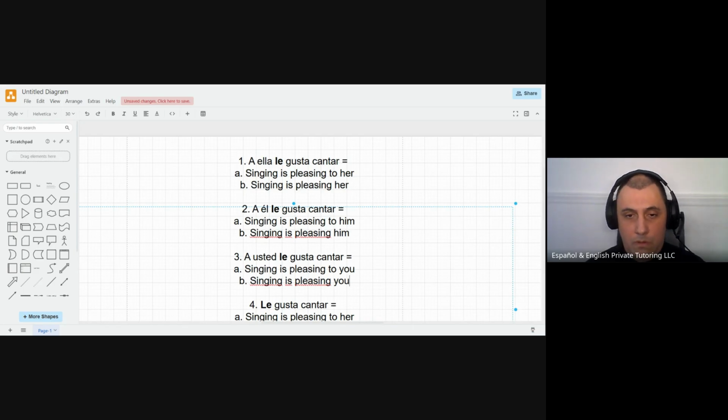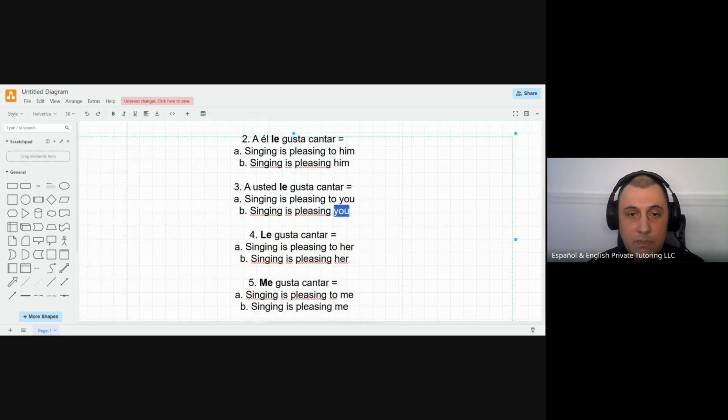So as I explained before, an indirect object pronoun replaces the indirect object. So that means you don't have to put the indirect object in the sentence. Here in English, you are using just the indirect object, and in the other sentence, you are using just the pronoun. You don't have to use both in the sentence in English. But in Spanish, we have to use both because le is confusing.